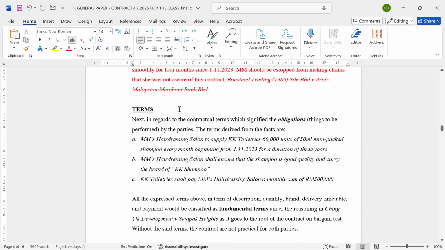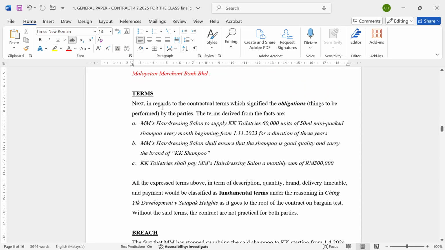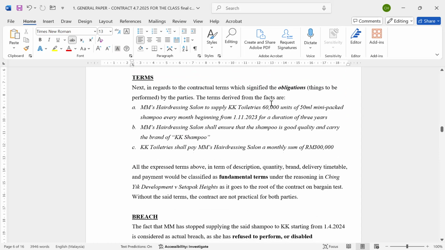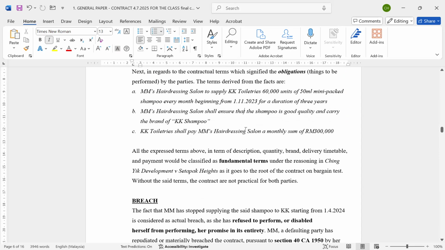Okay. Next element, we have to look at terms. Okay. In regards to the contractual terms, which means obligations of the parties. Things need to be performed or things need to be abstained from doing. These are called terms. Okay. So the terms derived from the facts are just the regurgitation of the facts that we have discussed before.